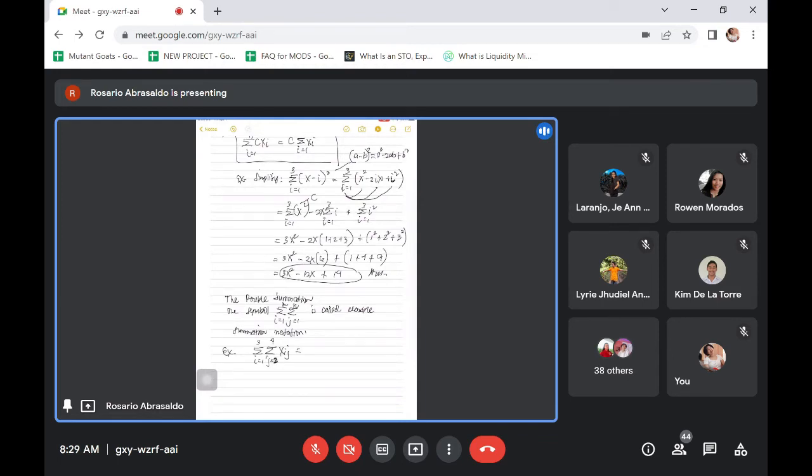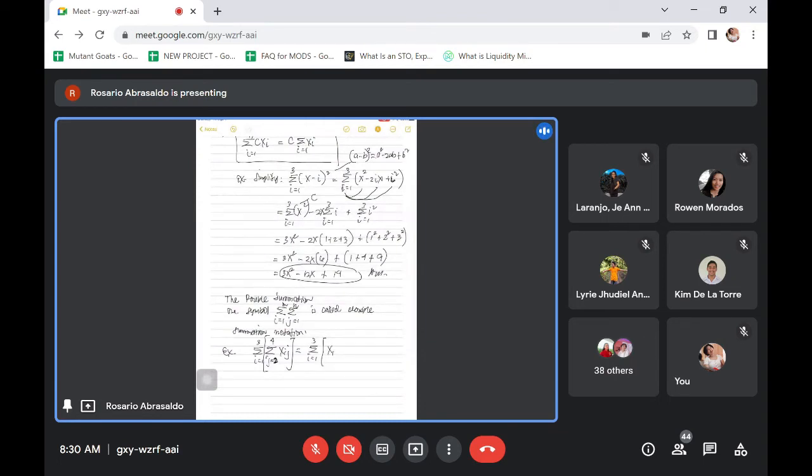So we solve first the innermost summation, class. Any first, second. So the outermost summation is 1 to 3. Then we have here the summation of x sub ij, where j is from 2 to 4.